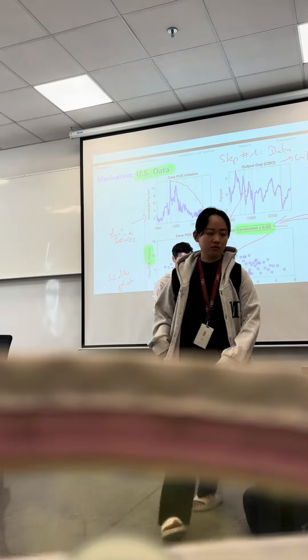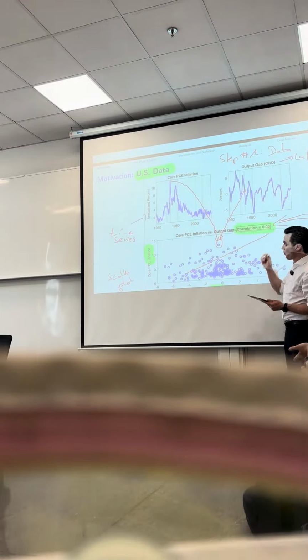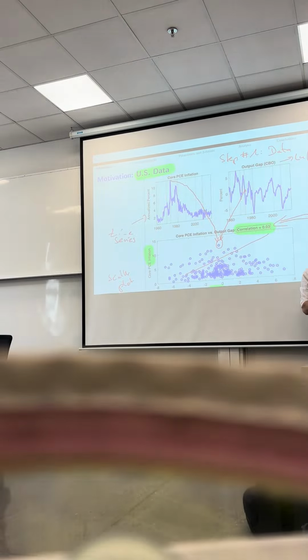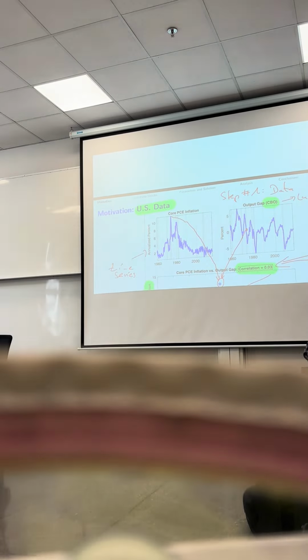CBO means the Congressional Budget Office, a body of the US Congress, and they estimate potential GDP in the United States. So you take a time series for real GDP, you divide that time series by potential GDP, you take the logarithm, and you get that blue line. That's where this data comes from.